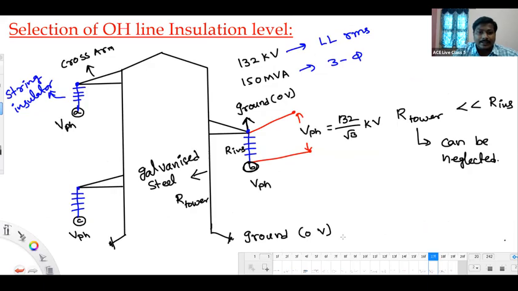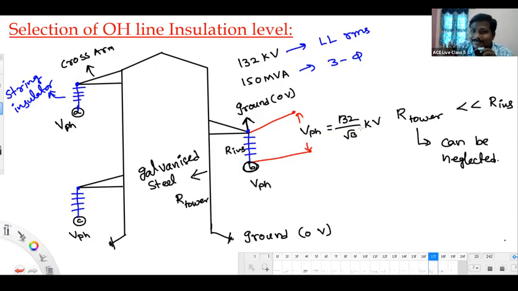See, this insulator has to be designed for a voltage of 132 by root 3, as we have commented. Now the question is like this. If you are designing that particular insulator for a voltage of 132 by root 3, the meaning of that statement is, if the insulator experiences a voltage more than this number, definitely the insulator will be damaged.